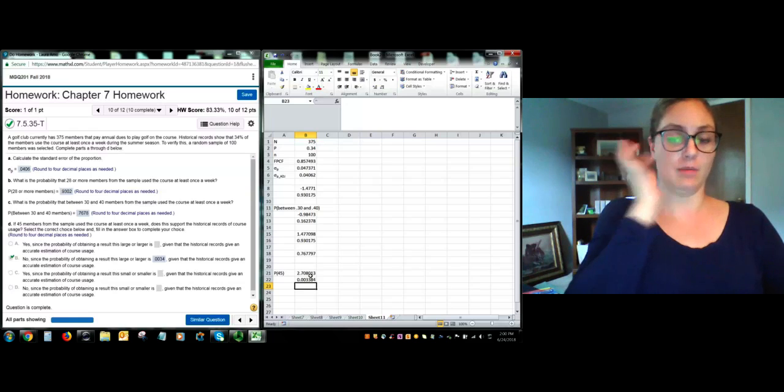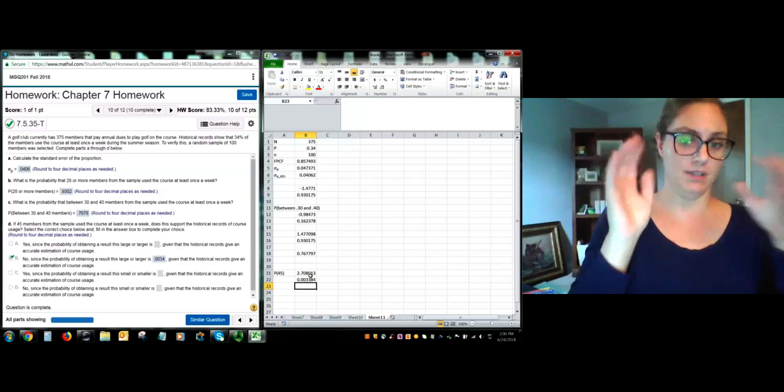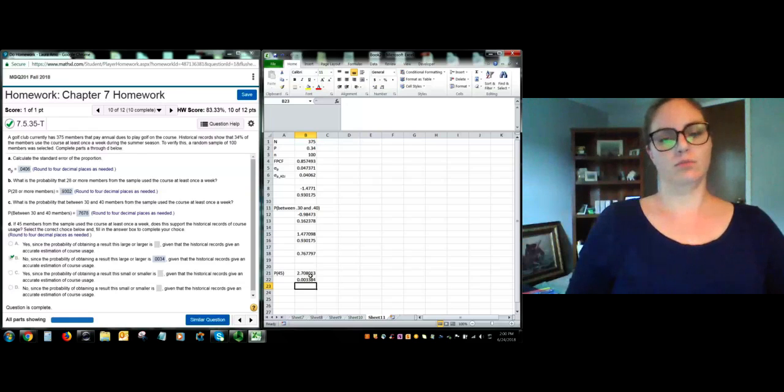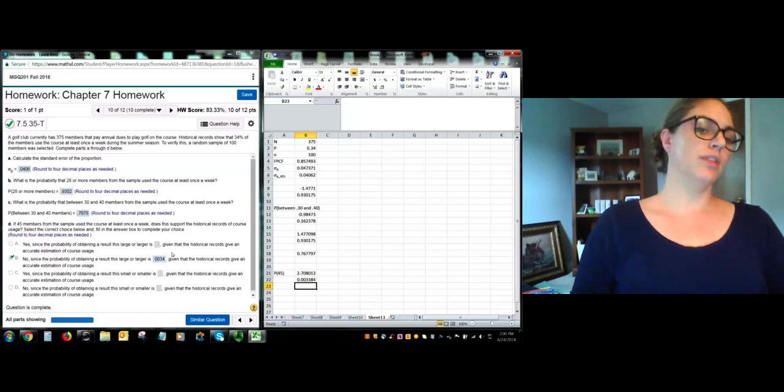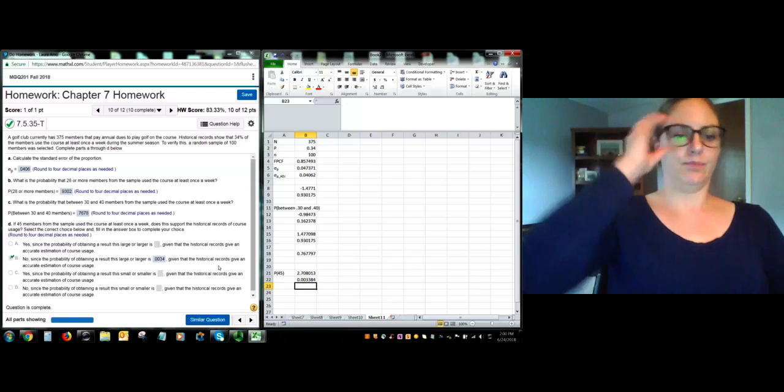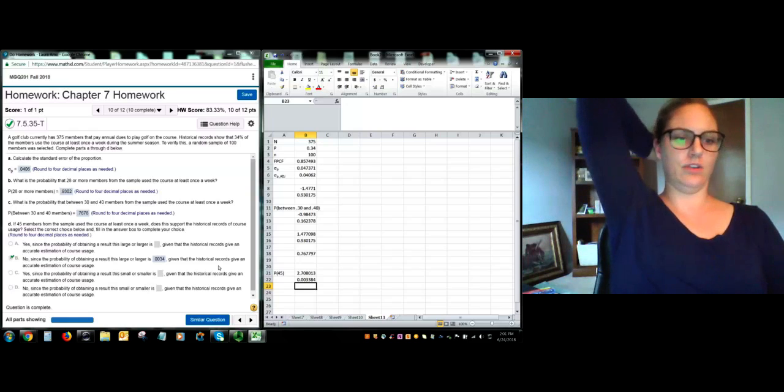Again, 0.45 or anything above it is not falling within the realm of possibilities when the known population proportion is closer to 0.34. And so, no, since the probability of obtaining a result this large or larger is 0.003, you actually have to put the value in there and put it into 4 decimal places, given that historical records give an accurate estimate of course usage.